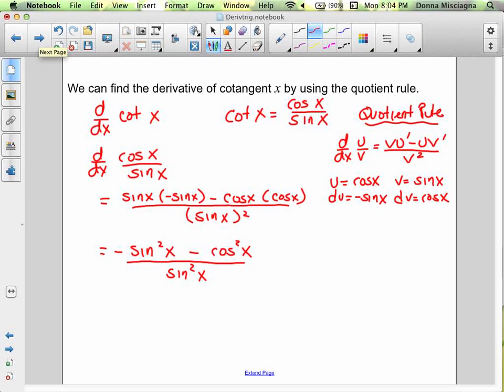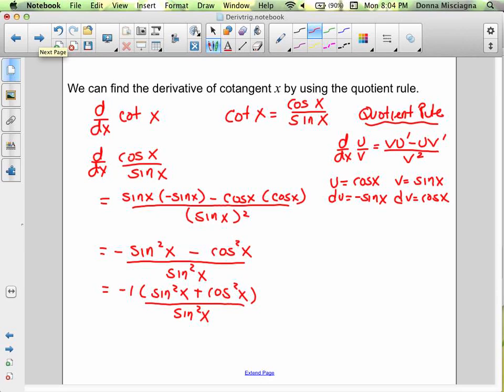Now this doesn't look like a Pythagorean identity like we had on the other problem at first, because it's negative. But what if we factored out that negative? We're left with sine squared x plus cosine squared x, divided by sine squared x.